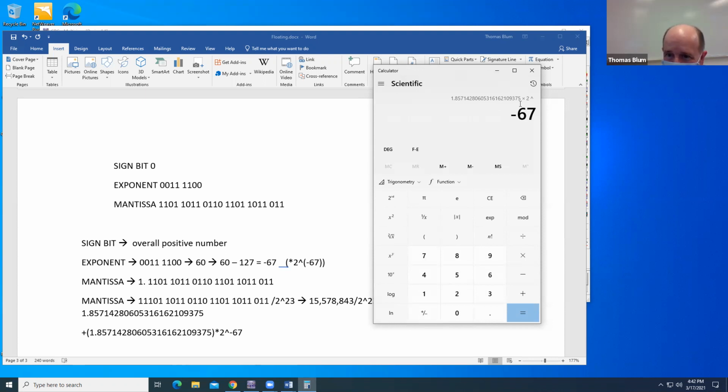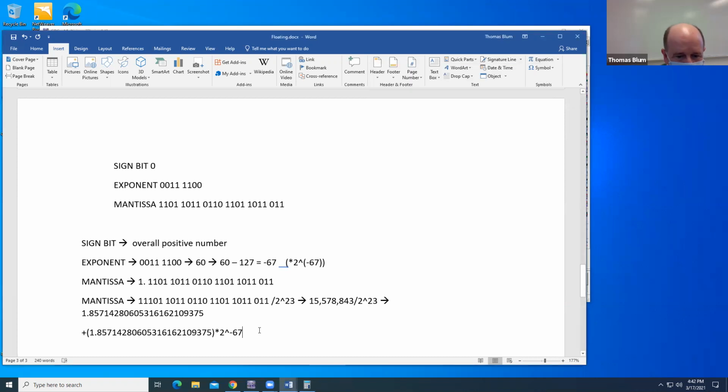And so there's my number times 2 to the minus 67 equals. And then I get some tiny number. Remember, E is the computer's notation for scientific notation. So this E is really times 10 to the minus 20. So the answer is 1.258 yada, yada, yada times 10 to the minus 20.